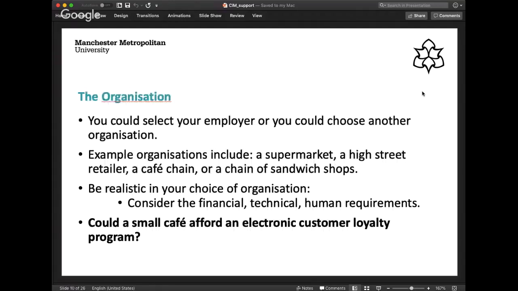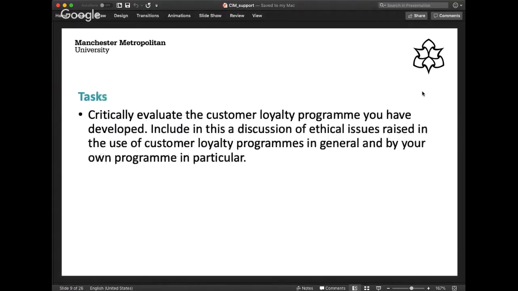And your final task, which is task number 7, is you're going to have to really think carefully about your loyalty program and critically evaluate this loyalty program you've developed as a discussion. You're going to include some of the ethical issues that this raises.